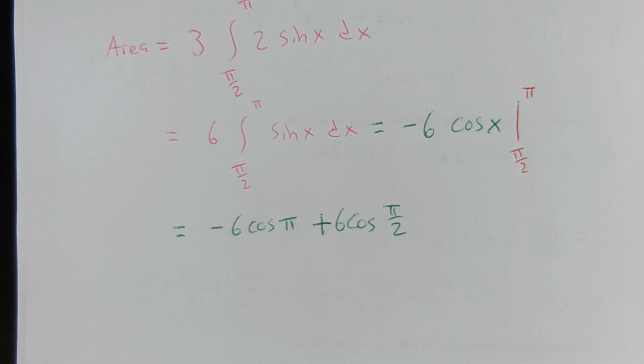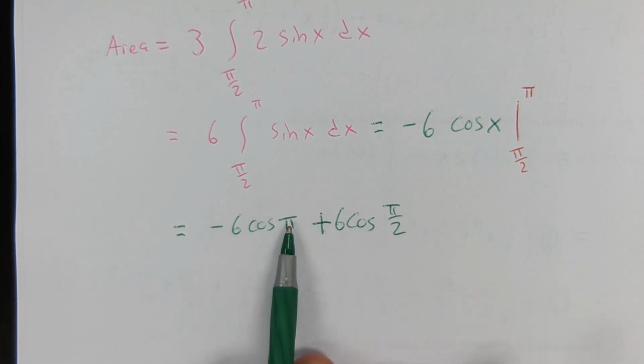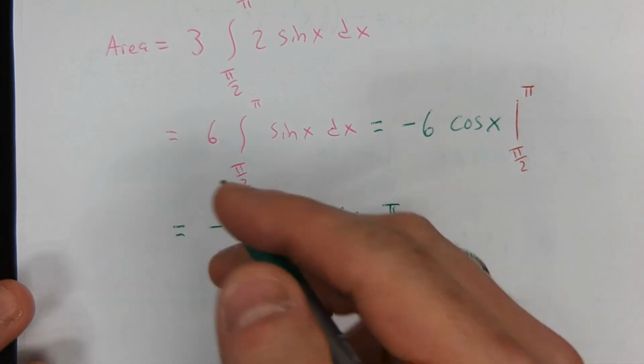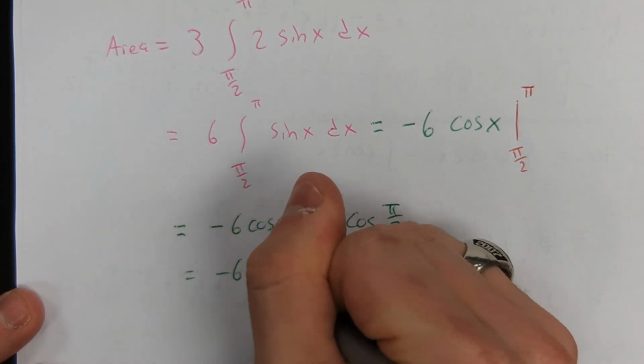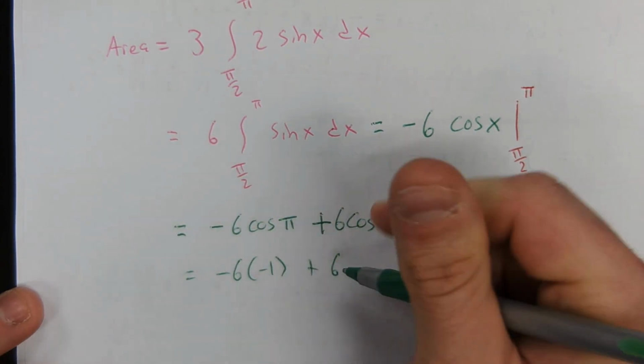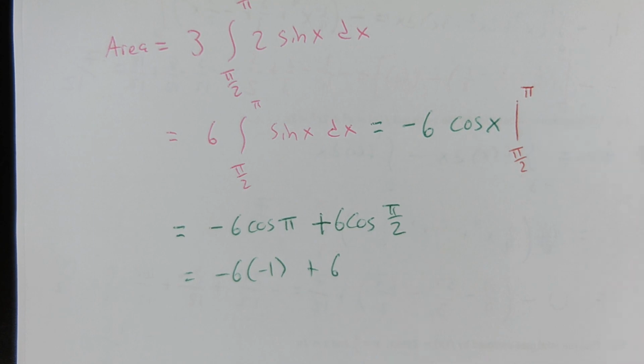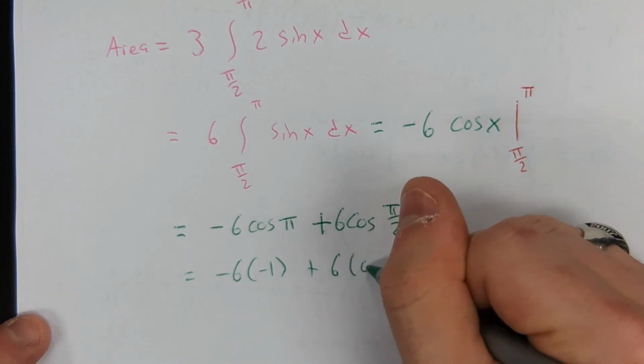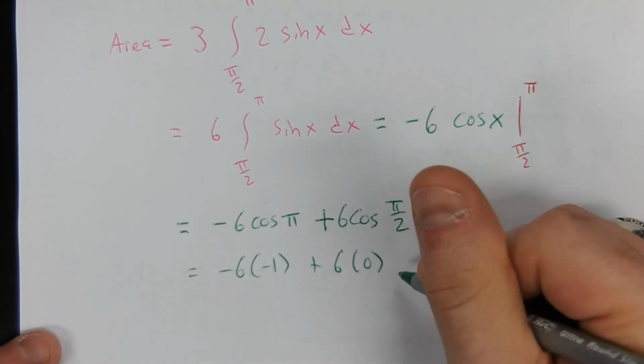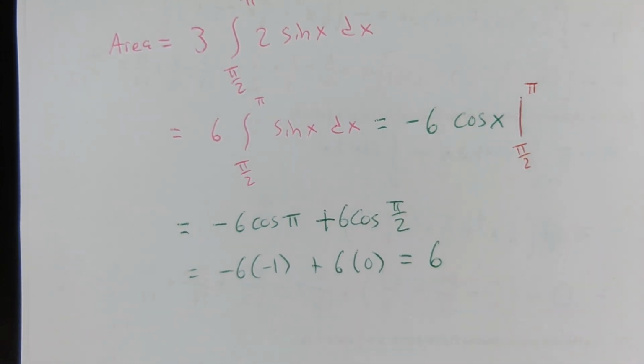You can either see the graph in your head, or you can know that cosine is x over r. At pi, on the unit circle, x is negative 1, r is 1. So this is negative 6 times negative 1 plus 6 times what? Pi over 2. On the unit circle, you're on the y-axis. There is no x value. Six.